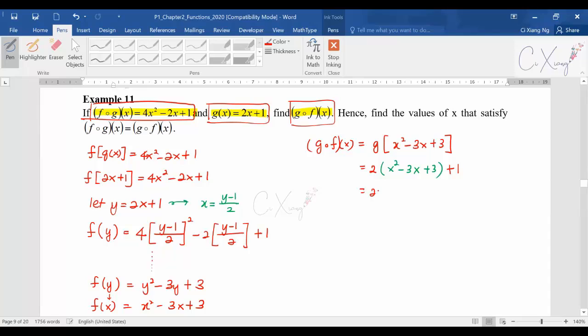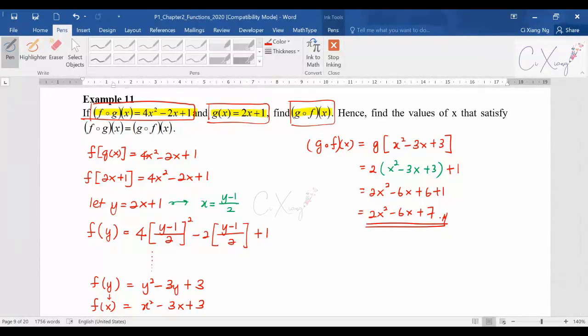If you simplify everything, 3 times 2 is 6, right? So I'm having 6 plus 1. So I should have 2x squared minus 6x plus 7. Okay, so this is my composite function g(f(x)).